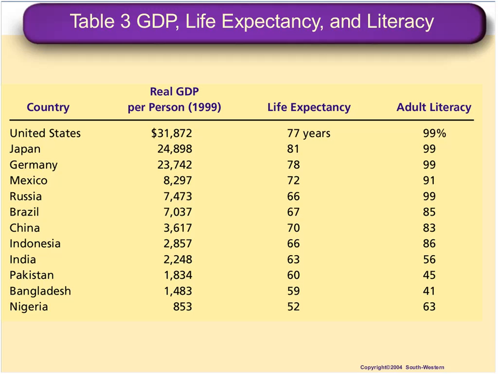The country with the highest GDP and life expectancy is having the highest adult literacy as well. You see, Japan is the highest in terms of life expectancy, and it has the highest adult literacy as well. Germany, 99% are literate, and they live 78 years.